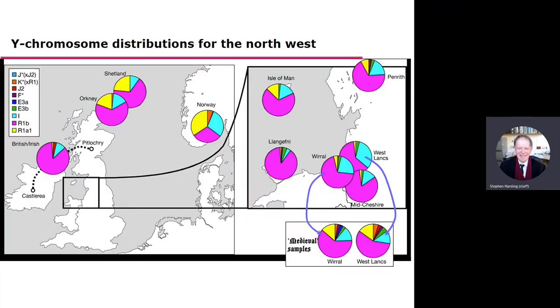And you can see how serious these guys were about this. This is serious stuff. So we got our samples from all these people from West Lancashire and Wirral, did all the analyses, PCR and haplogroup.